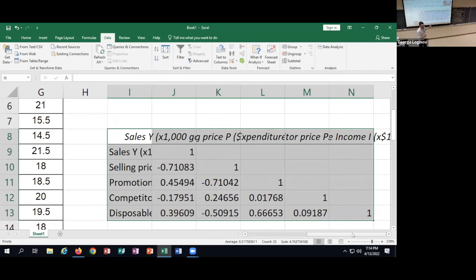So high correlation between your explanatory variables means that you can basically throw one out and you don't lose any information at all. If I know that the correlation between my price and my competitor's price is 1, I can erase all the competitors' prices from the data set and I don't lose any information, because I can reconstruct them by looking at the final price.